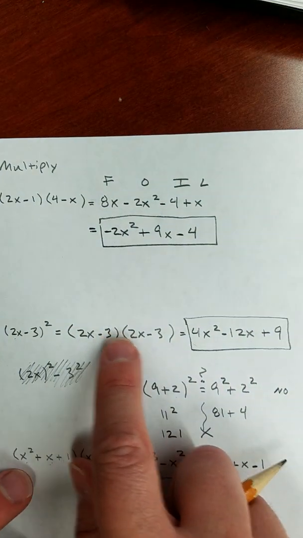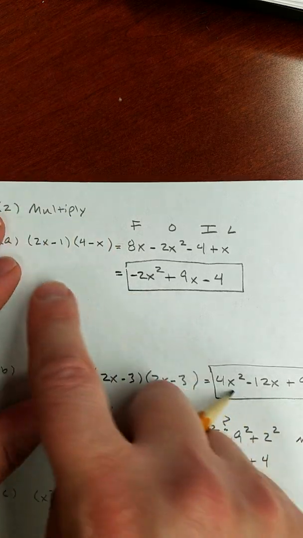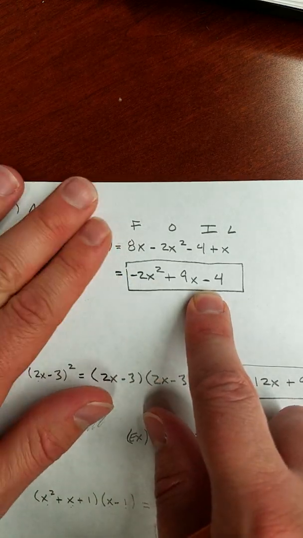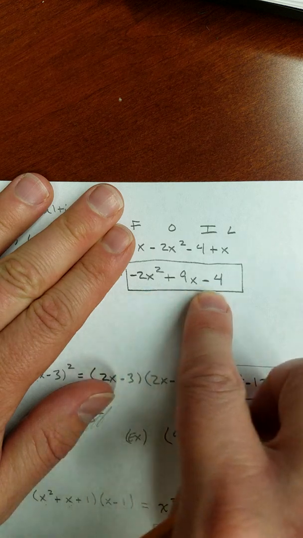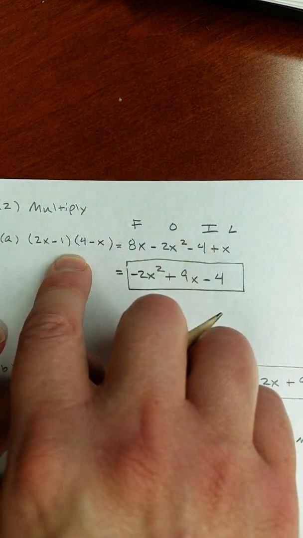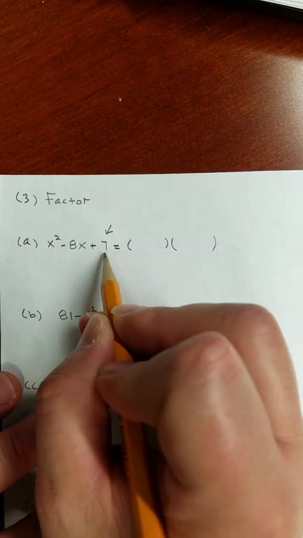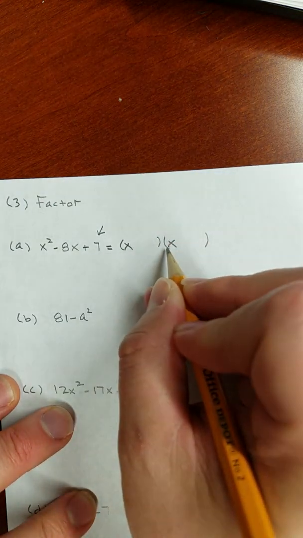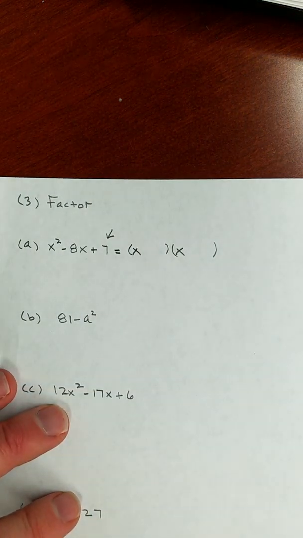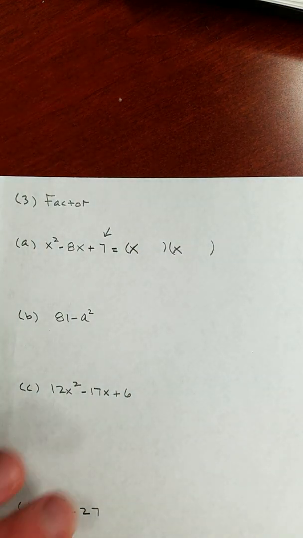If I multiply those, I get this, but it's possible to work backwards from here to get there. If you can go one way, you can go the other. What do you multiply to get this? Well, first, you'd need x times x to get x squared. That's probably the easiest thing to accept about this.